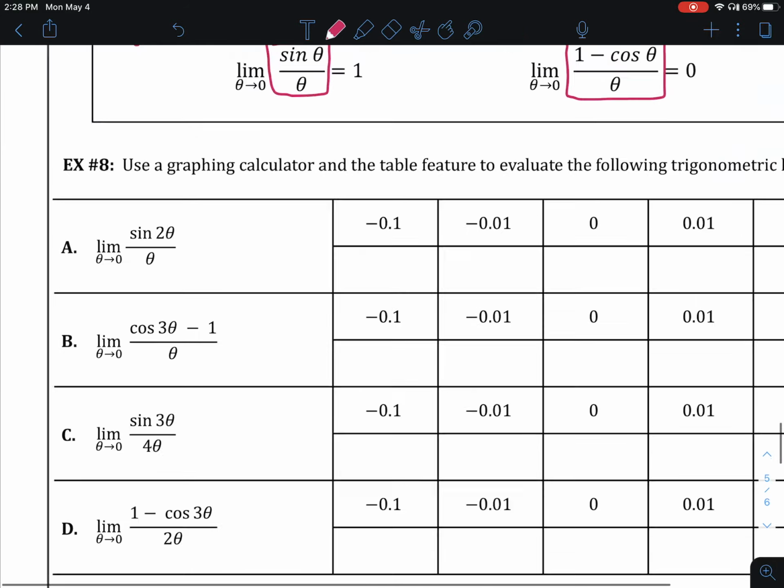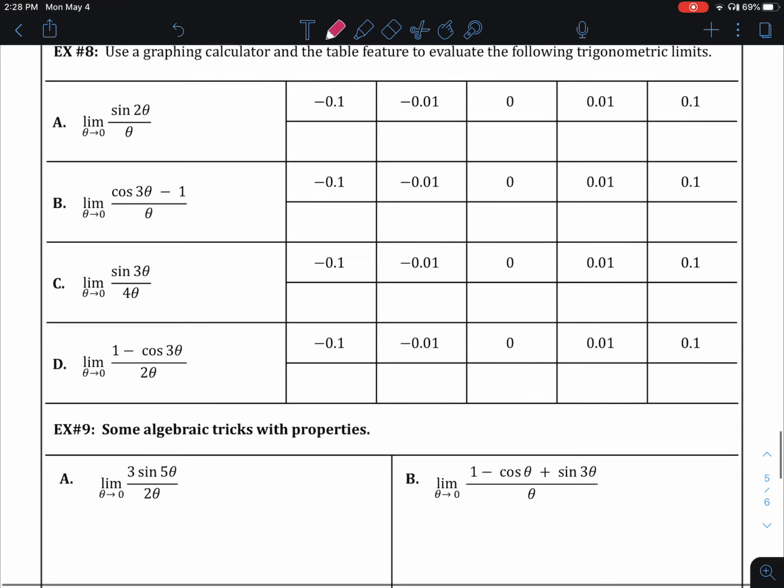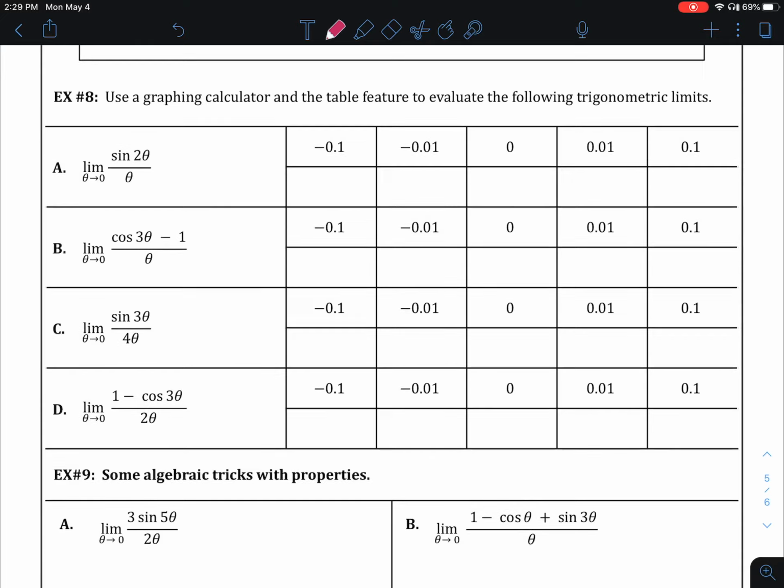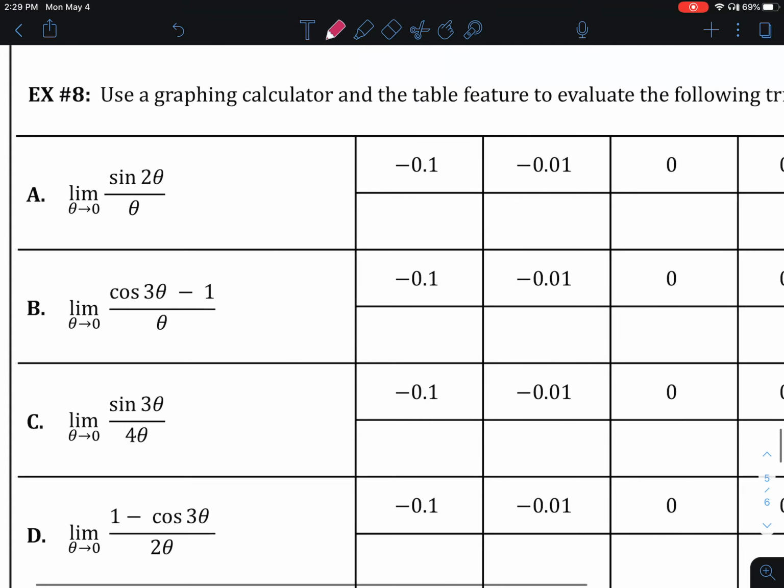So if I look at the first example, if you guys would like to make the chart to figure this out, that's fine with me. If I were to plug 0 directly into this function, I would get 0. Okay, but the limit actually does exist. And how we find it is we write this equation as sine of theta over theta times 2, which is kind of against your intuition here.